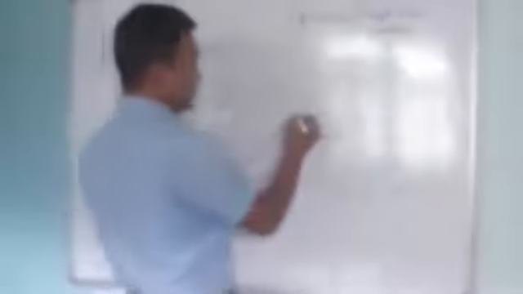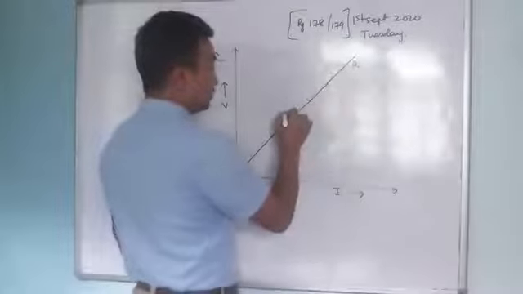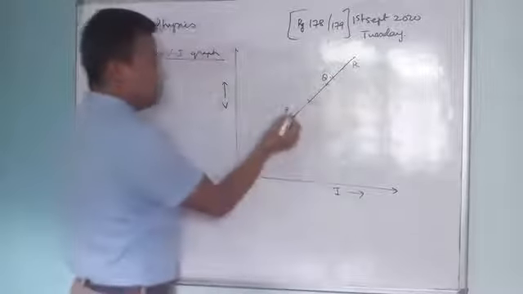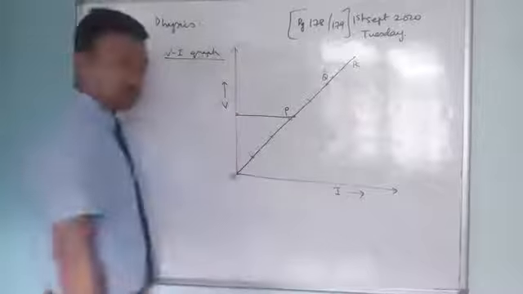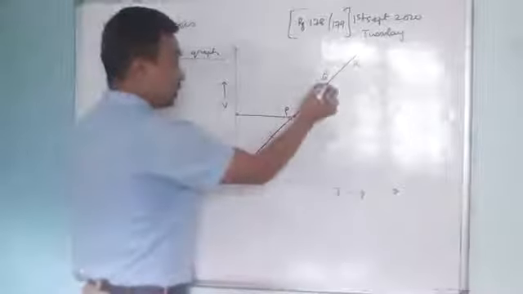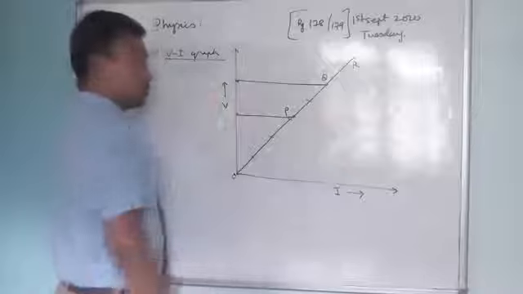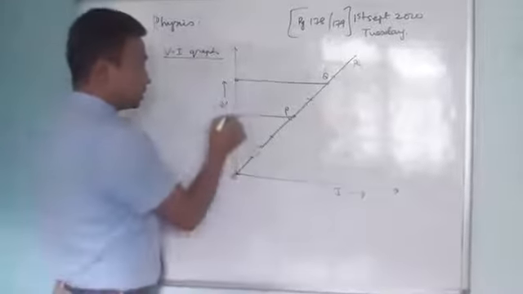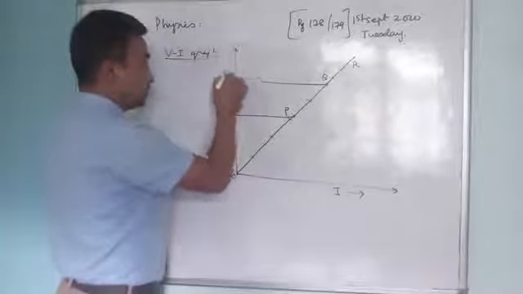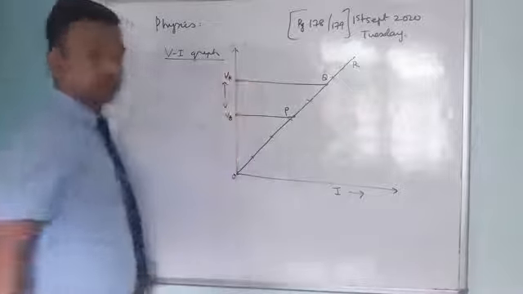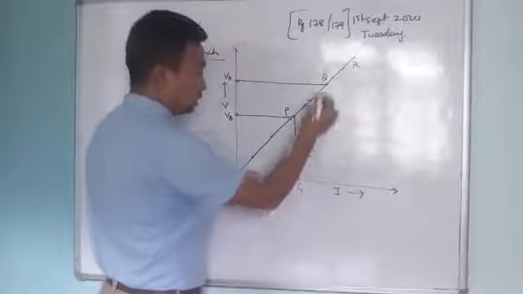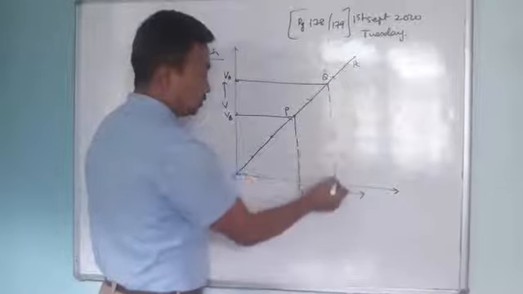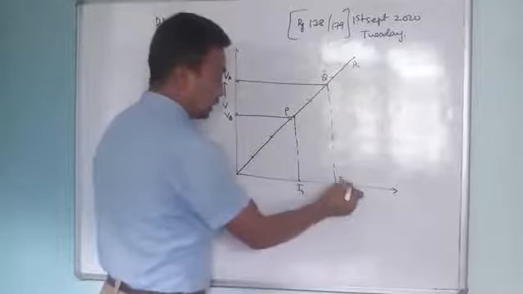Suppose I take any 2 points here, P and Q, and from the points I drop perpendiculars on the y-axis. Let us say this is VB and this is VA, for example, the readings. Similarly, along the x-axis you drop perpendiculars, let us say I1 and I2.